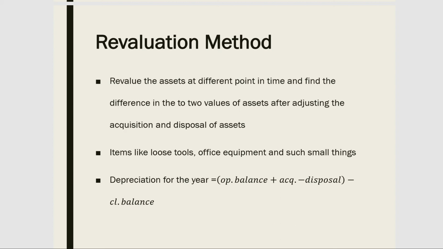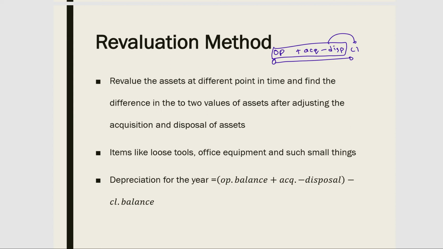So we will try to find the opening balance, and then we will find the closing balance, and after adjusting in between for the acquisitions and the disposals, we will try to find the difference, and this difference will give you the depreciation.